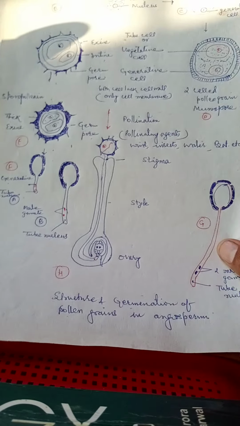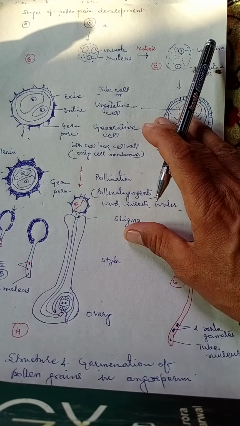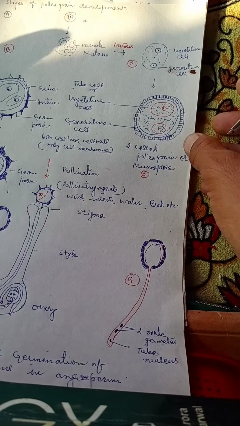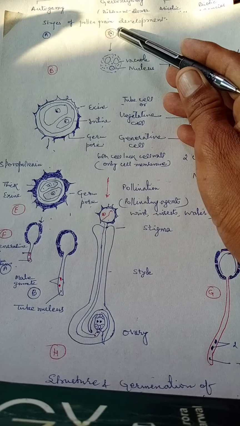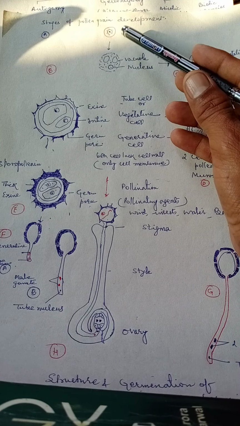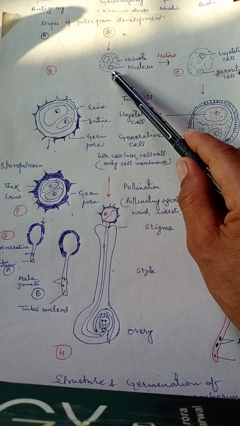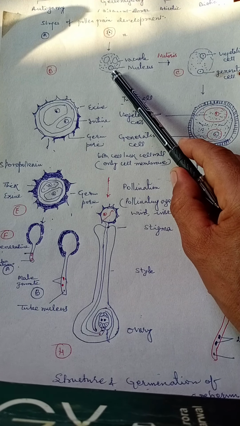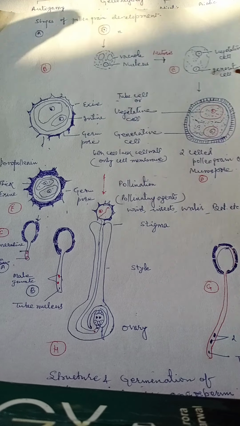The microspore or pollen grain which is released from the pollen sac through this stomium is a single-celled body having a single nucleus and a single wall. Later on, this pollen grain secretes one more layer outside it and becomes double walled and thick.